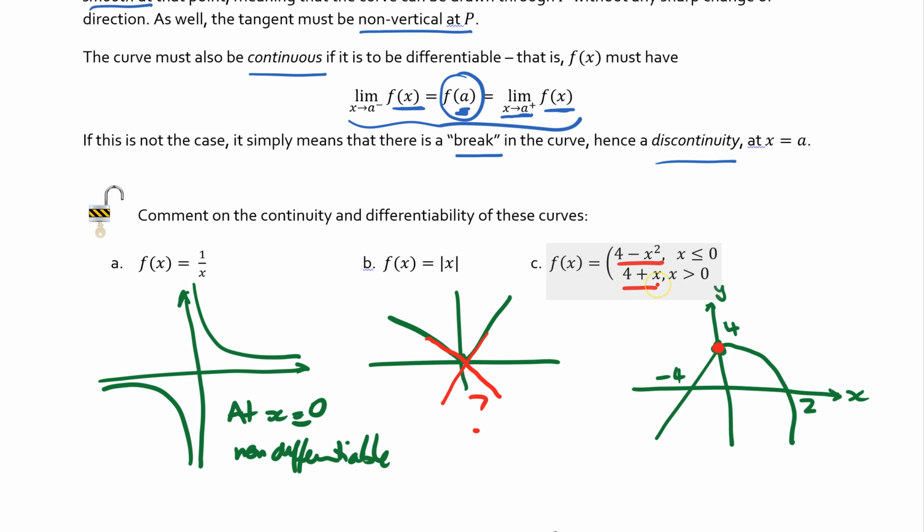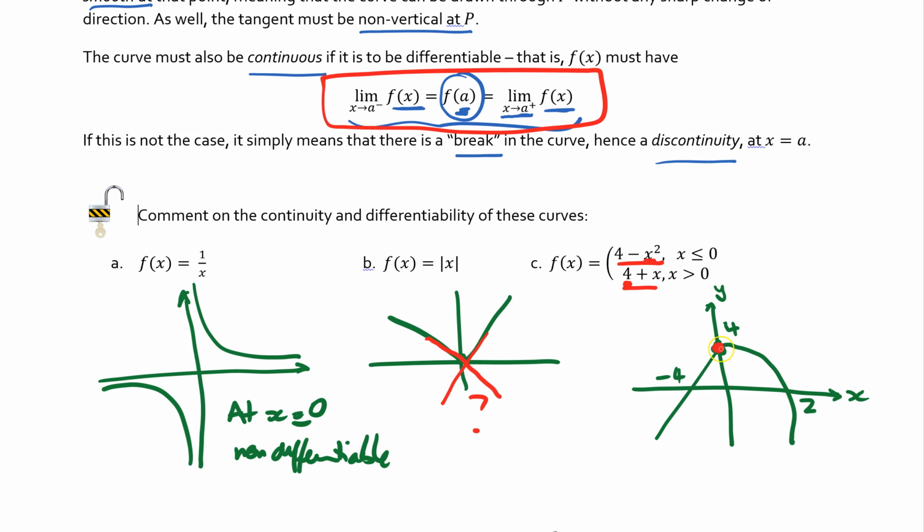And we plot 4 plus x for x less than 0, so that's a straight line with a slope of 1, y-intercept of plus 4. Then this curve is continuous. We come up here as we put values of x in that get closer and closer to 0. This one tends closer and closer to 4, and this one tends closer and closer to 4. So by this definition, the curve is continuous.